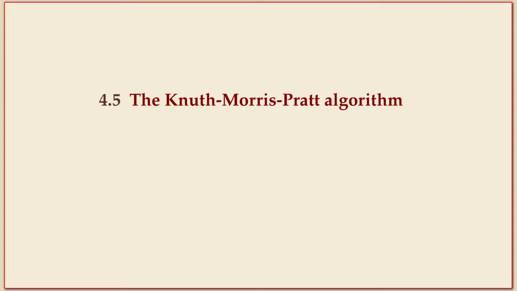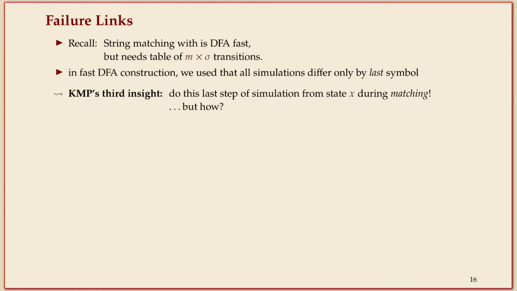And so the Knuth-Morris-Pratt algorithm is a modification that avoids this overhead in space. The idea for that is to modify the type of automaton we look at. We define a new type of transition which doesn't have an exact correspondence in the automaton world, but is very convenient at least in this case.